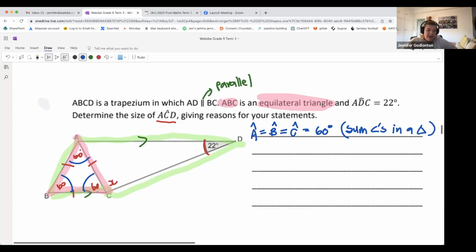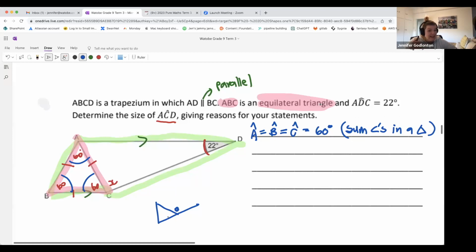This one also doesn't have any exterior angles. It looks like it does, but exterior angles have to be on a straight line. So that over there would be an exterior angle because it's a straight line. No, we can't use straight lines here.